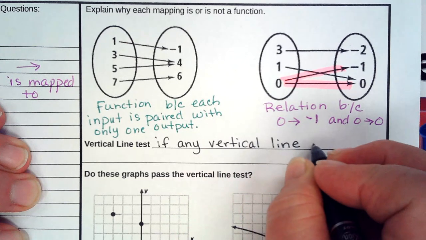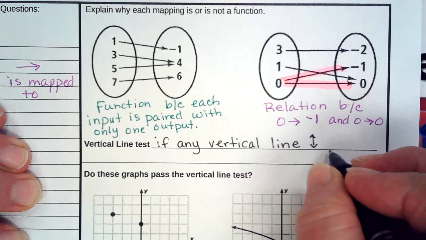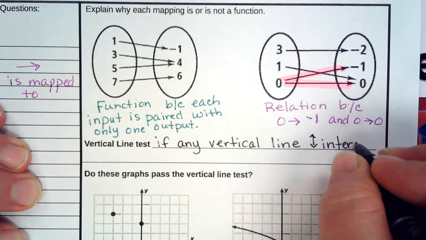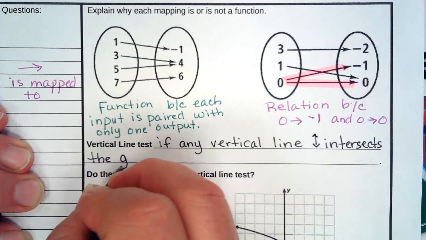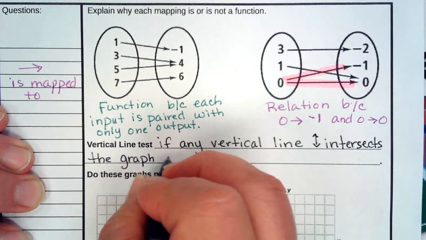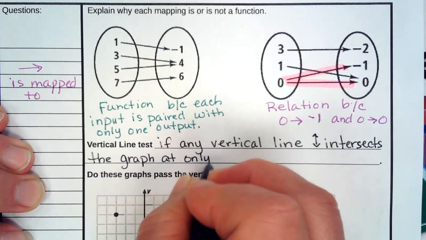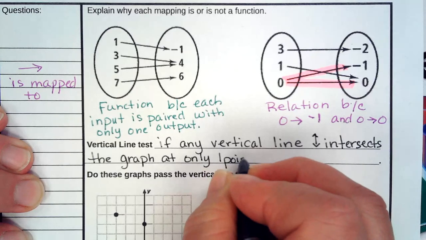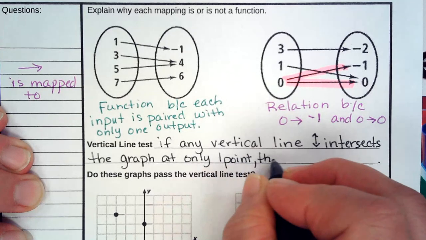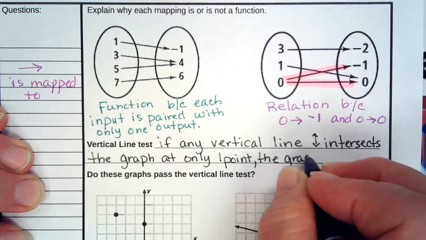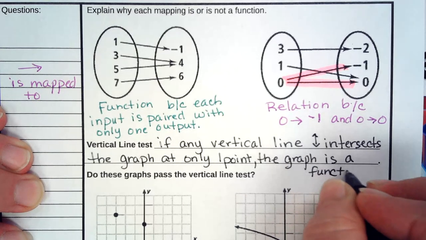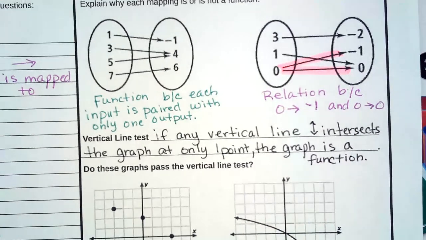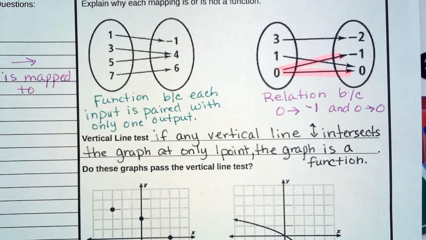Remember which way is a vertical line? It's straight up and straight down.